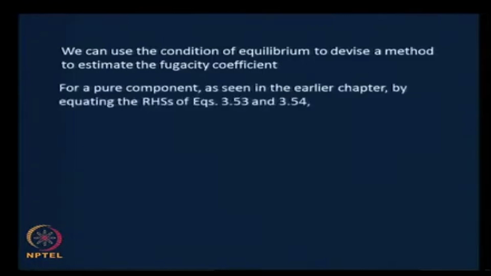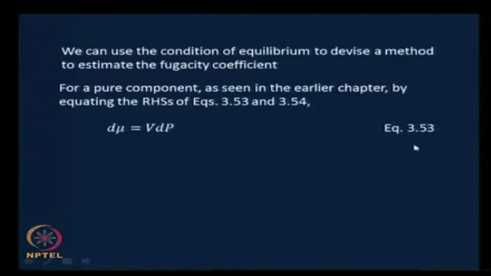So, we are going to use the condition of equilibrium to devise a method to estimate the fugacity coefficient. For a pure component, we have already seen this equation in module 3, d mu equals V dP under certain conditions.